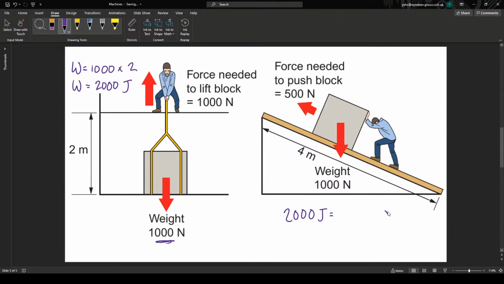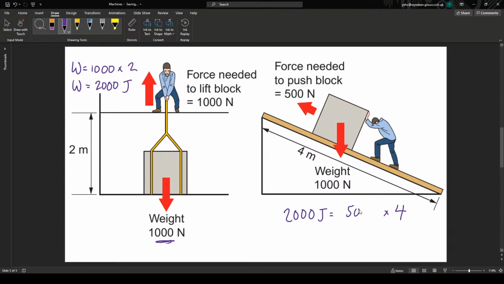Because we have increased the distance that the force is acting, it's become 4 meters now, because our ramp is overall a larger distance than our 2 meters of just going straight up. Because our distance has increased, our force has decreased.